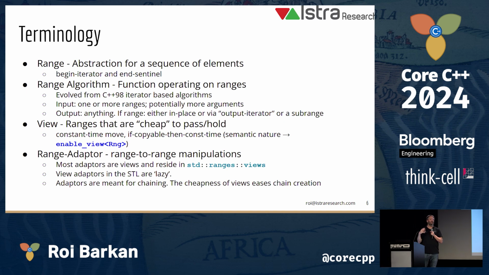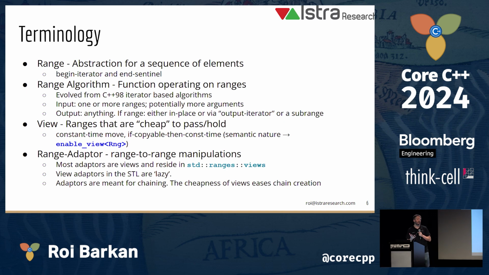The view has to be movable, and the move operation needs to happen in constant time. It doesn't have to be copyable, but if a view is copyable, then the copy operation needs to take place in constant time. Later on we'll understand why this happens.